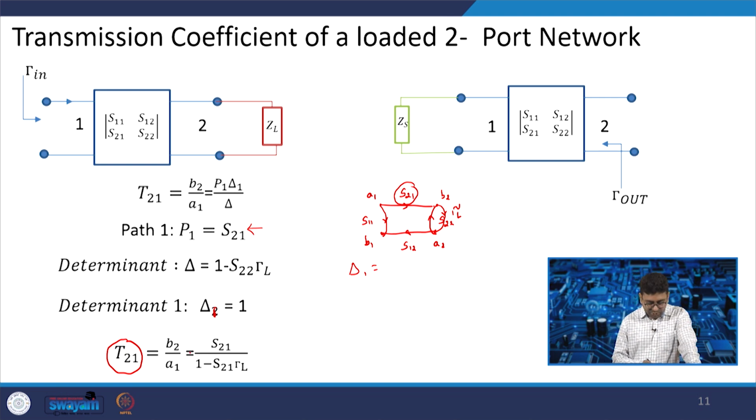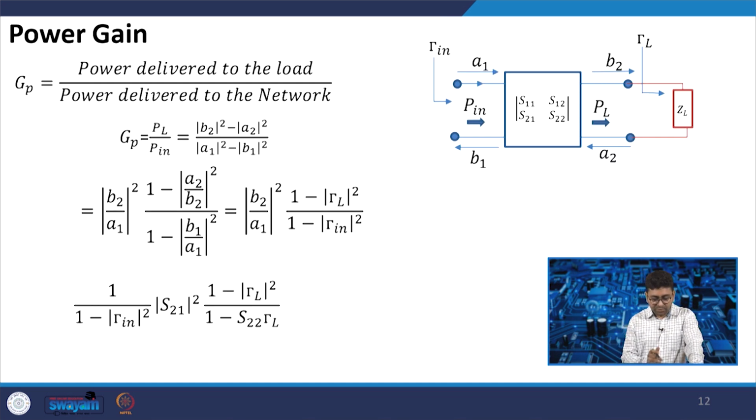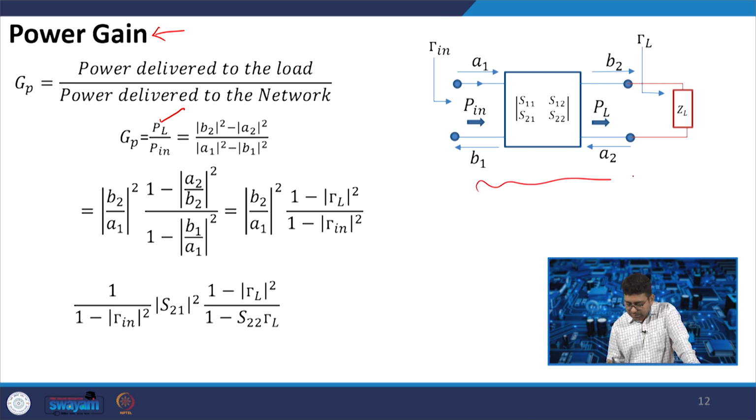Now, we will use this B2 by A1 equation in order to find the various power gains. The first is the power gain Gp, power delivered to the load divided by power delivered to the network. So, power delivered to load PL is given by this. This is the network that we are going to consider.